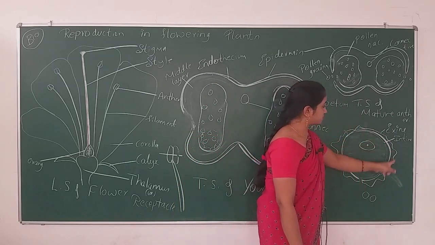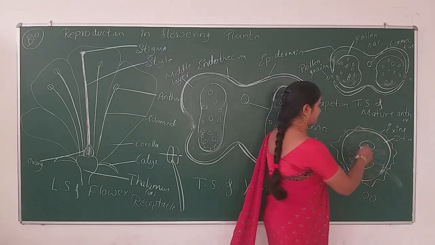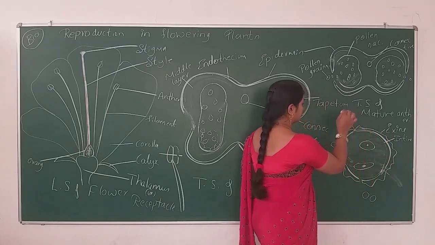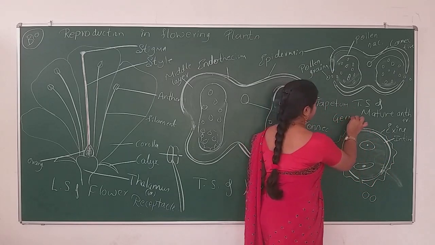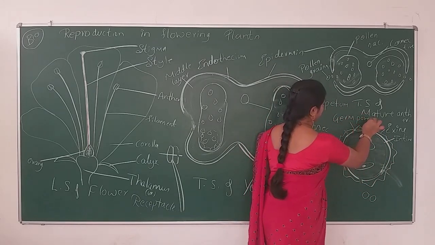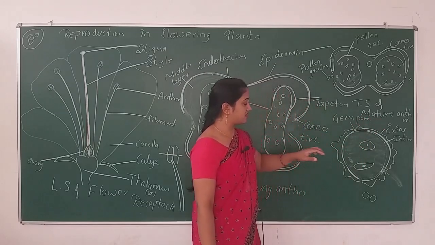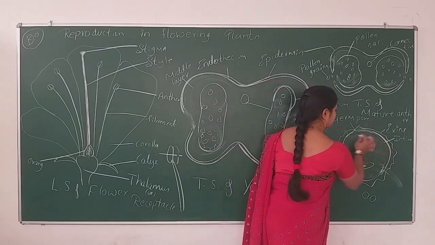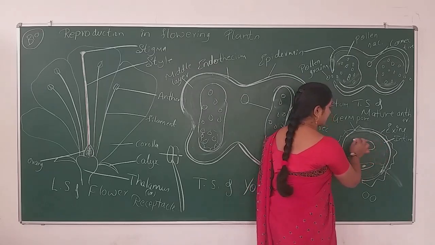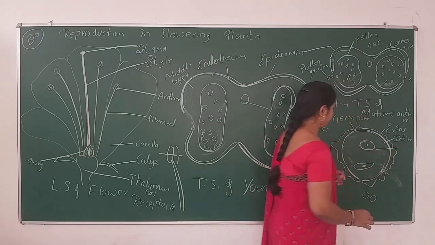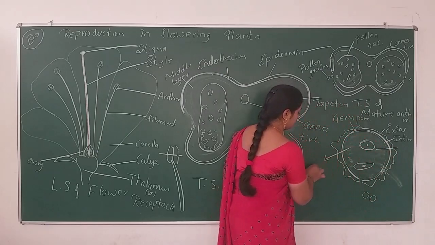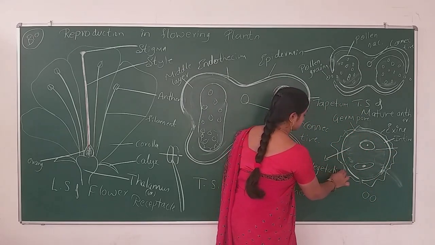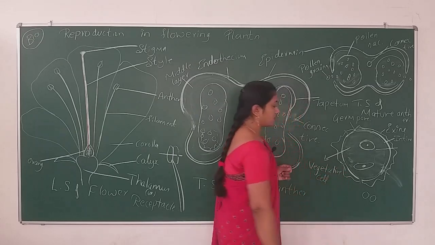Outermost is exine, next to the exine is intine. Somewhere here I'll show you the germ pore. And now there is a cell. This is the nucleus, and here I'll mention the vegetative cell or tube cell.